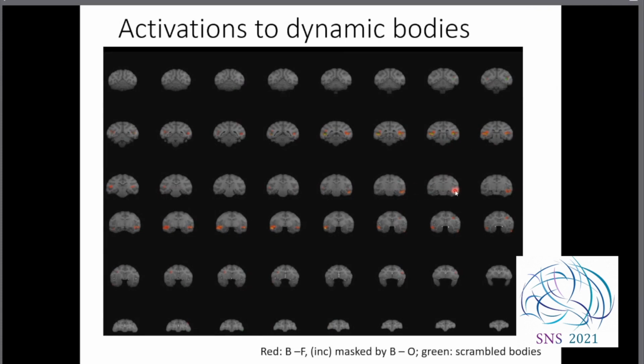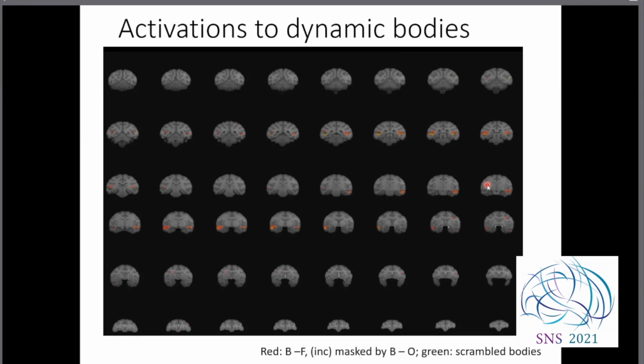So in the fundus and also more at the lip of the upper bank, you see patches that we didn't see for the static bodies. So we see more body patches, especially in the upper bank of the STS, when we start using these dynamic bodies.